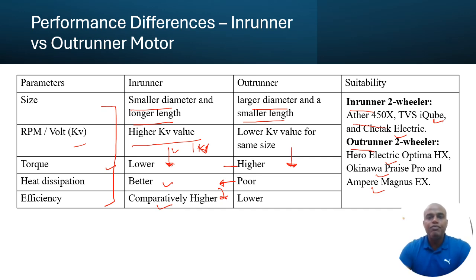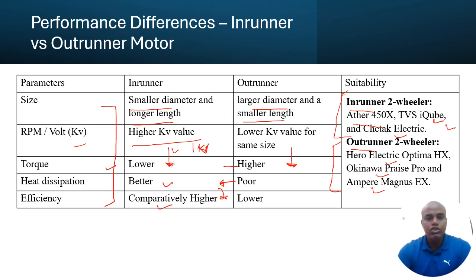Where I need low RPM and high torque, the outrunner BLDC motor is more suitable. Whereas where I need better heat dissipation, higher speed, and moderate torque, the in-runner BLDC motor is more suitable.